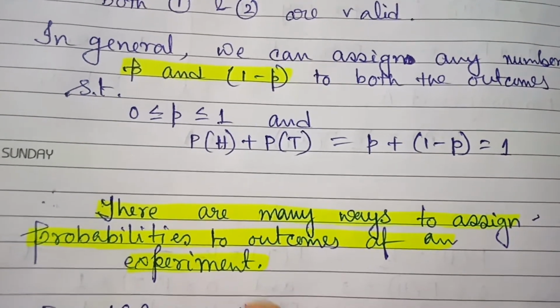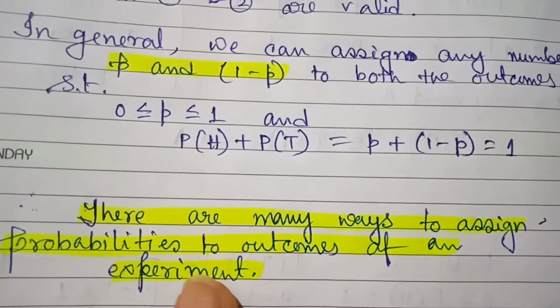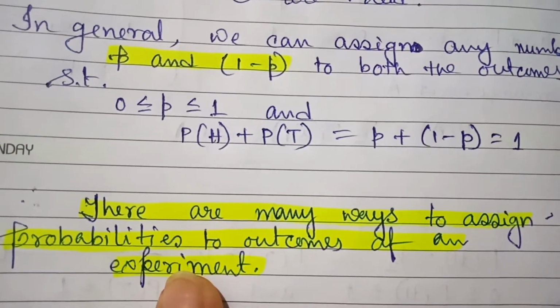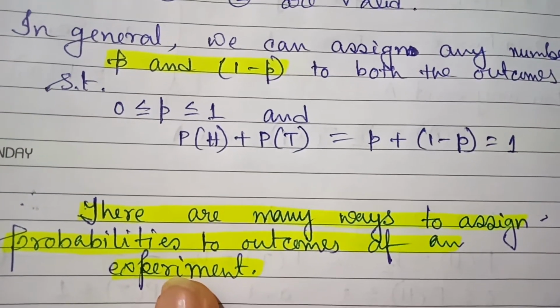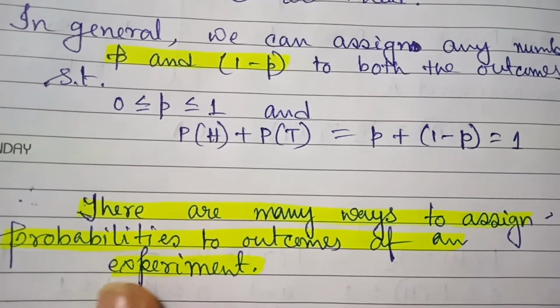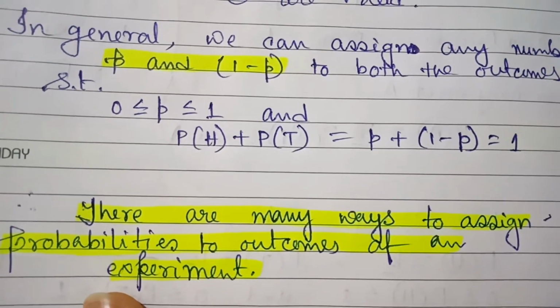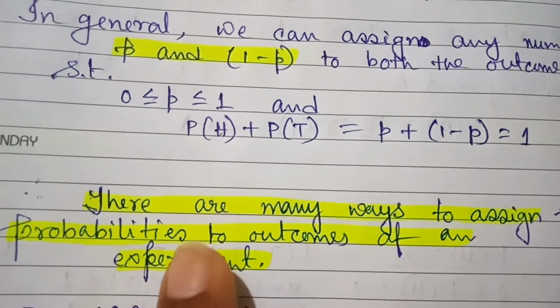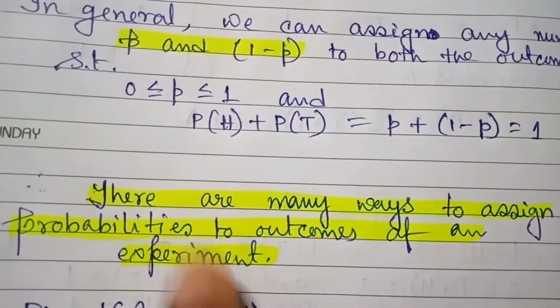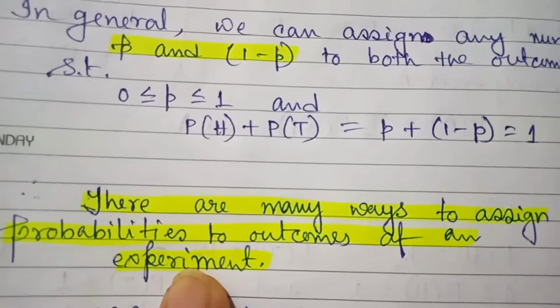So students, what can we conclude? We can conclude there are infinitely many ways to assign probabilities to the outcomes of a random experiment, and this is the main thing to understand here.